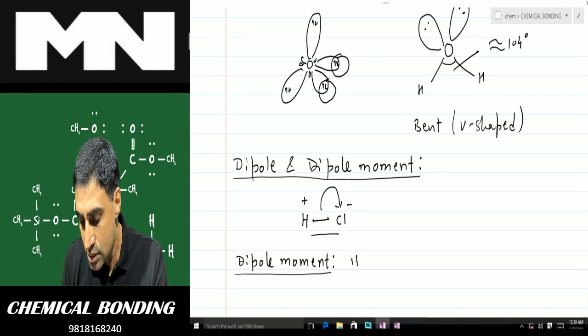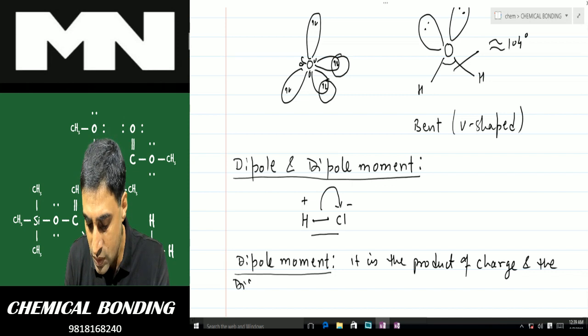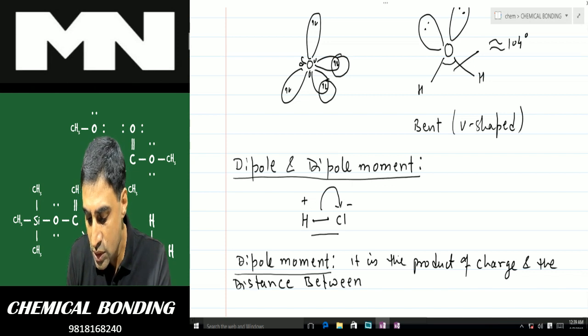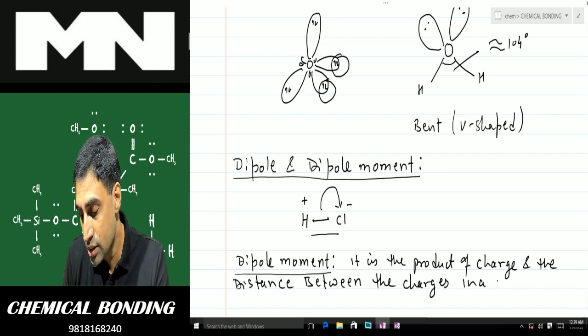It is the product of charge and the distance between the charges in a dipole.